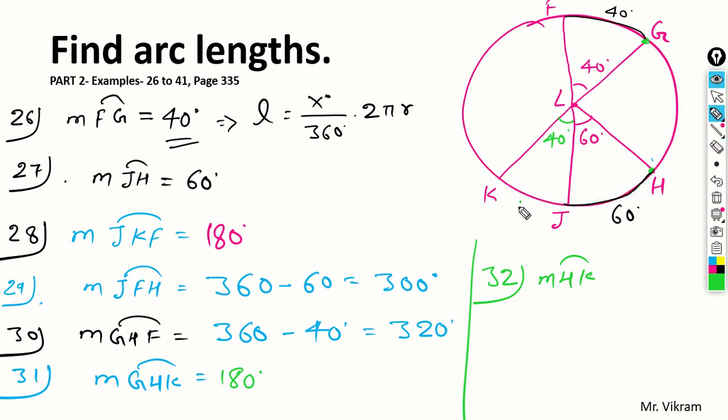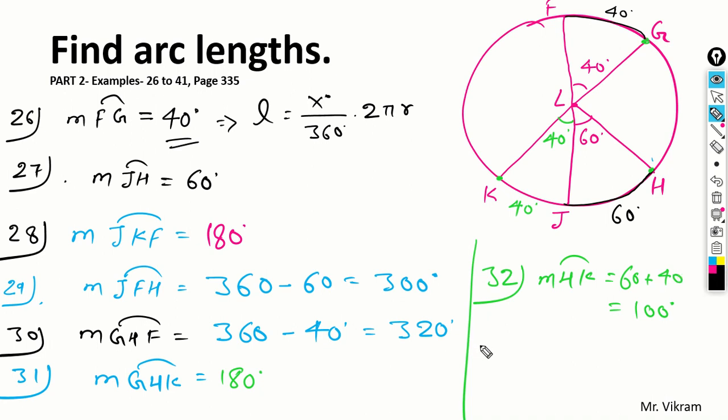This is 40, so this will also be 40, and it is asking from H to K. So this is 60 plus 40. 60 plus 40 will give you how much? 100, right?